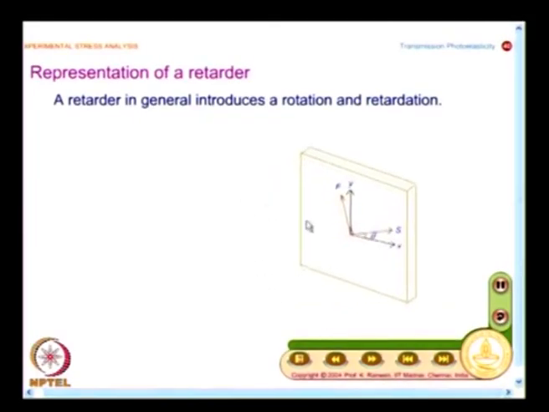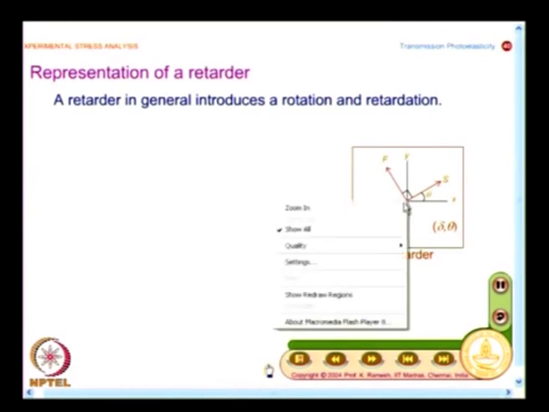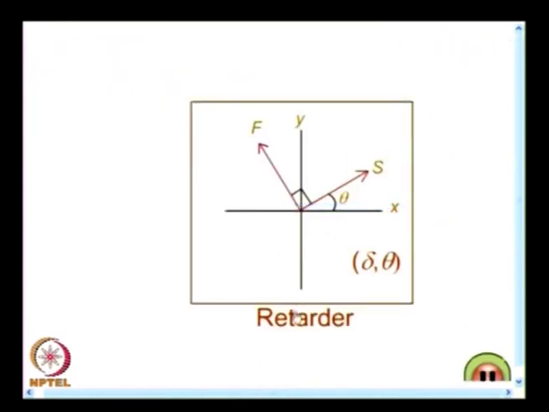So, what we are going to do is have a representation of a retarder, and here I have given, for clarity, a retarder having two axes. I will label one of them as slow and one of them as fast, and I will find the angle theta of the slow axis with respect to the horizontal.